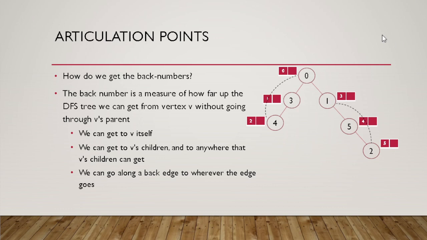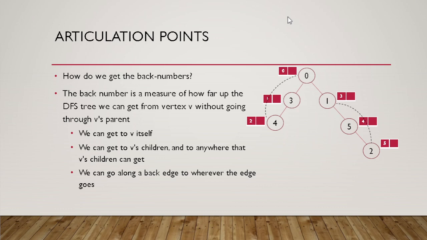The back number, we said, is a measure of how far up the DFS tree we can get from a vertex V without going through V's parent. Now let's think about where we can get to. From any vertex V, we can get to the vertex itself, right? Because we're already there. So that's the lowest effort destination we could have, just stay where you are.